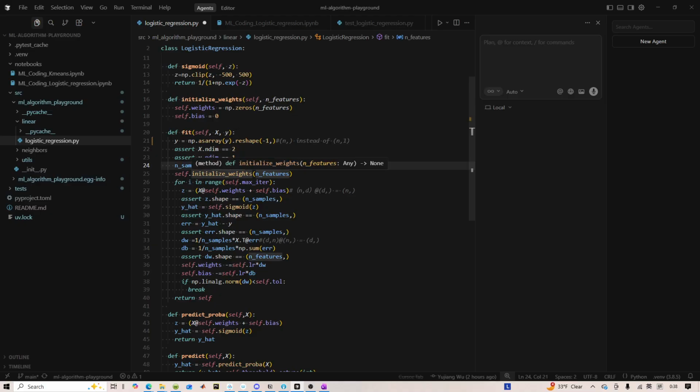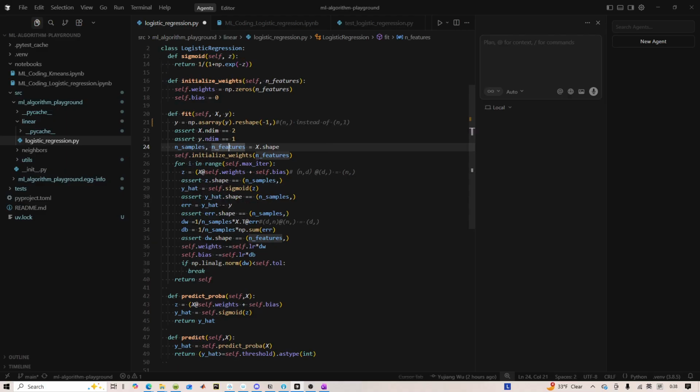This is pretty straightforward, following our pseudocode.